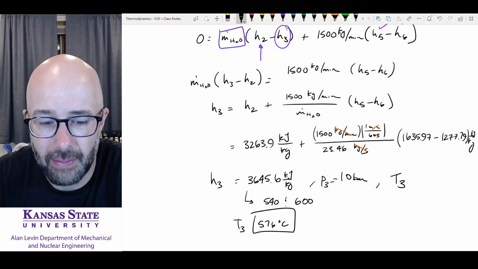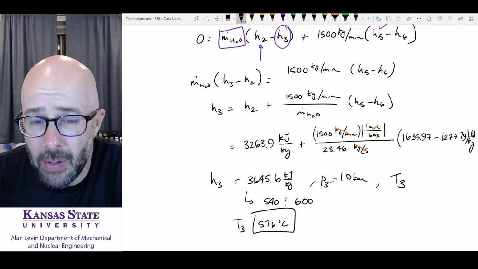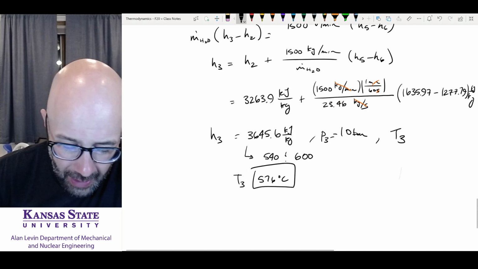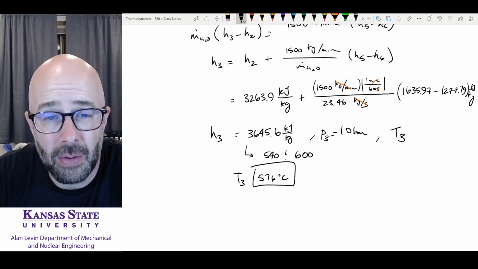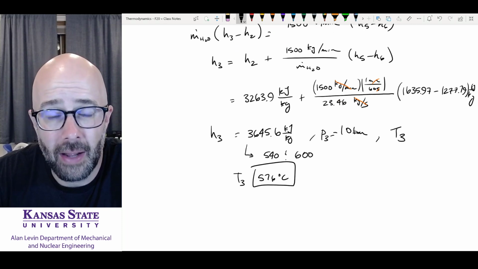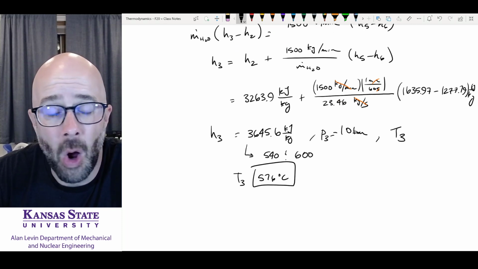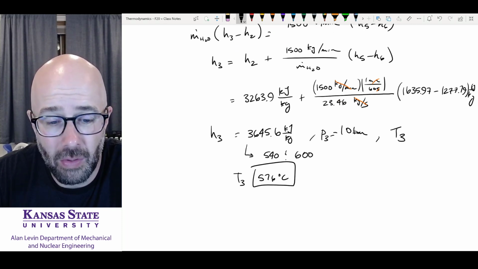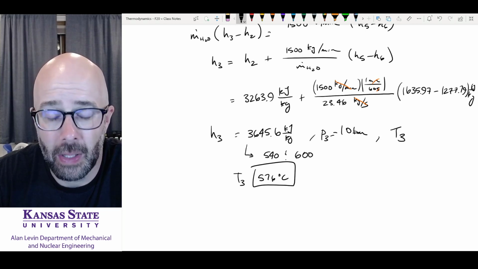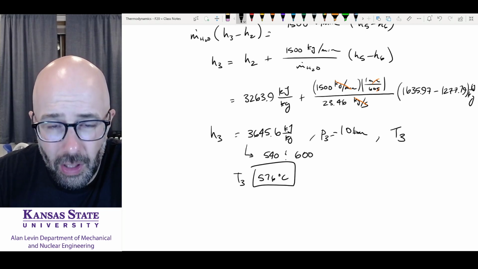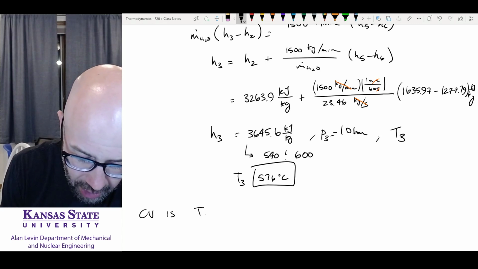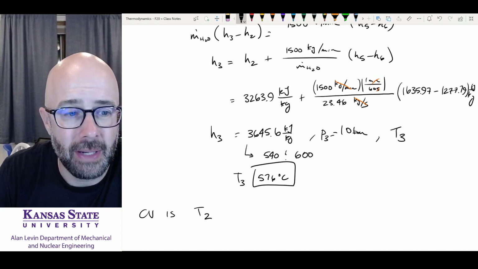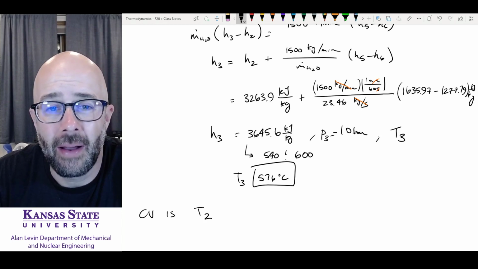Okay, my T3 value. So now I have to do my third control volume, because now that I know the enthalpy coming in at 3 and I know the mass flow rate of the steam, my only unknown is going to be my power. Now, my control volume is turbine 2, and turbine 2 is going to be just like turbine 1.